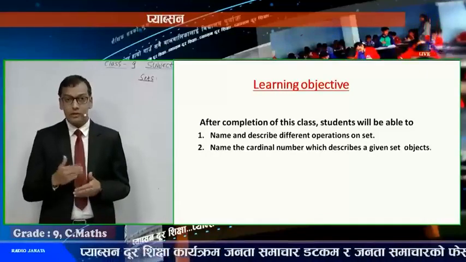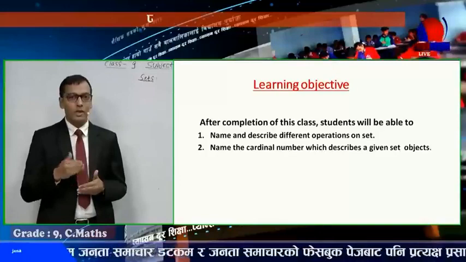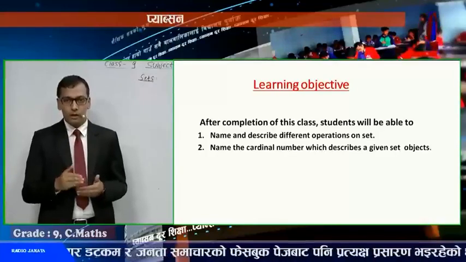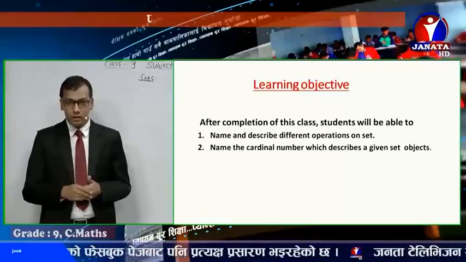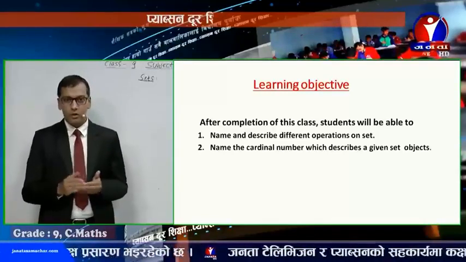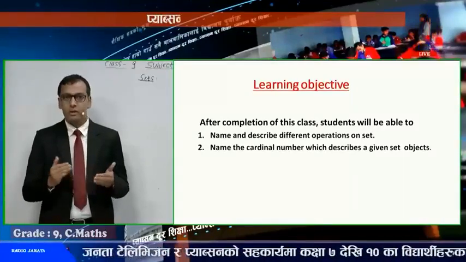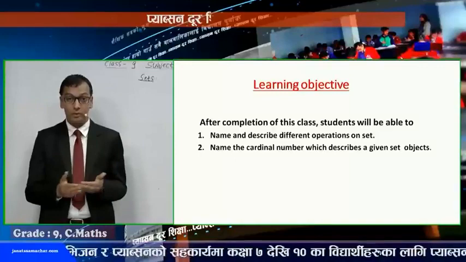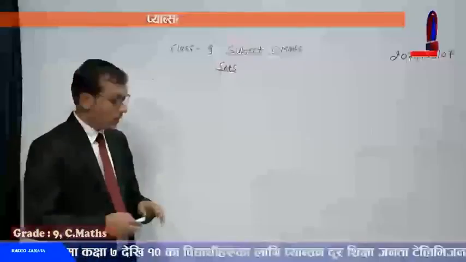Though I have discussed what cardinality is, what the cardinal number of a set is, in the previous class, today also, if I get enough time, I will take one or two questions to find out the cardinal number of different sets. I will try for that, but I'm not sure because I have limited time. So let me start from the first topic for today's discussion.